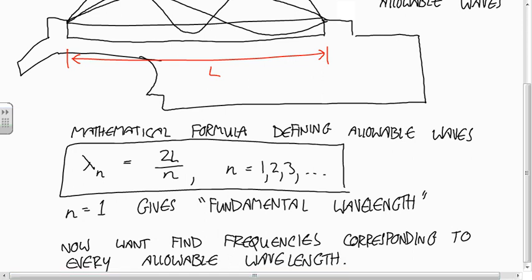The way we're going to do that is we know that the wavelength is equal to v over f.